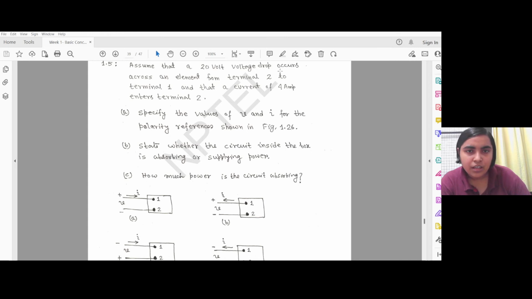Assume that a 20-volt voltage drop occurs across an element from terminal 2 to terminal 1. Here terminal 1 and 2 is given, right? And a current of 4 ampere enters terminal 2. So through this terminal current enters. So specify the values of V and I for the polarity difference as shown in this particular figure.